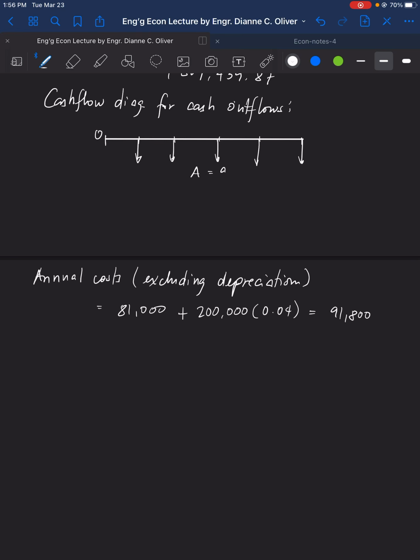So A is equal to 91,800. Then, from here, we will convert it into present. But, there's already a P here. What is that P? P is equal to 270,000 pesos. Then, here is your P3.